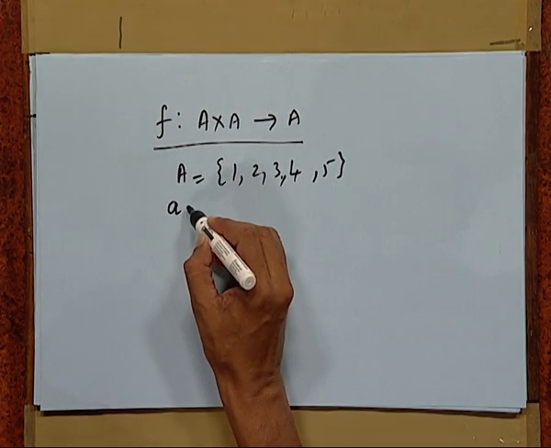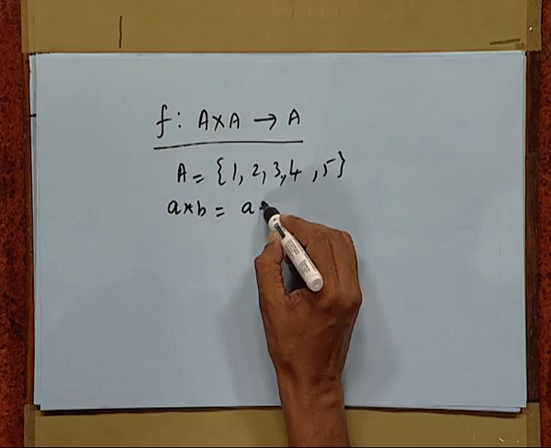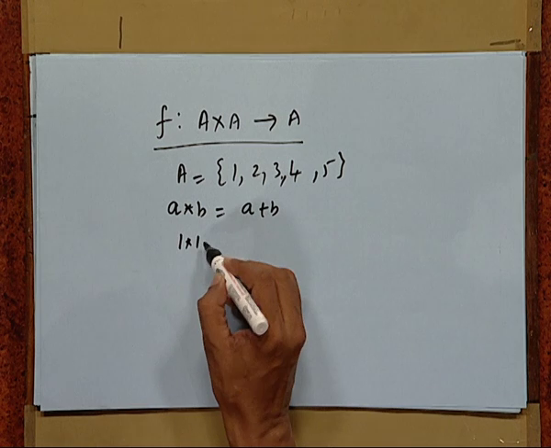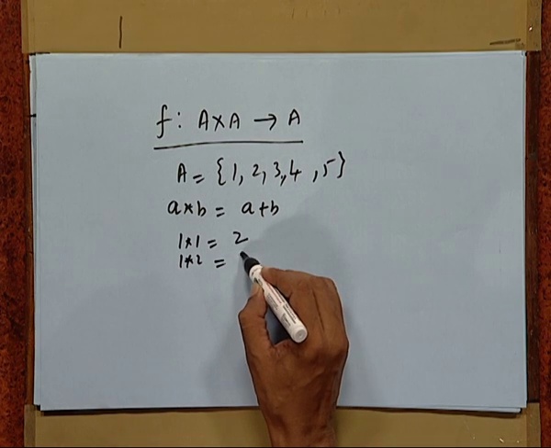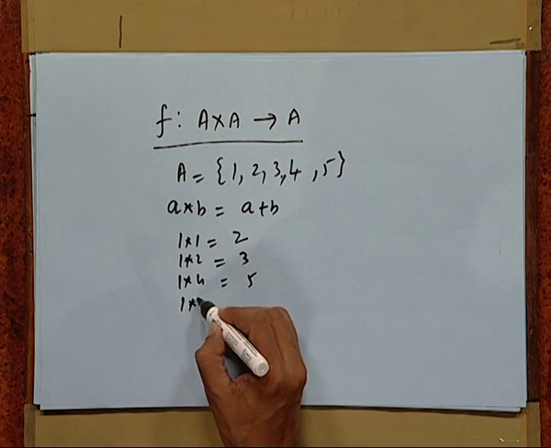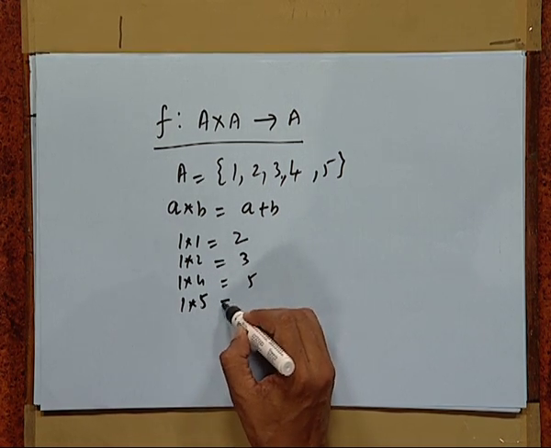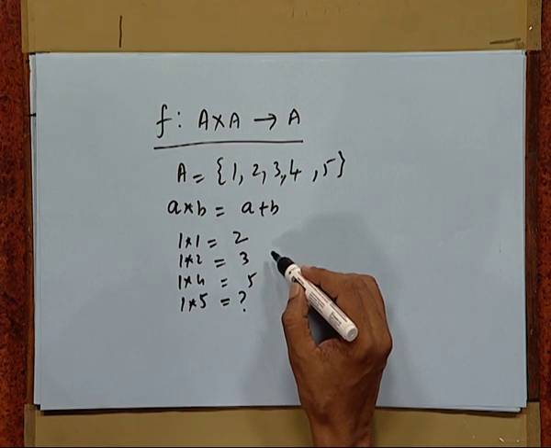We define operation star by A star B is A plus B. Then we have 1 star 1 is 2, 1 star 2 is 3, 1 star 4 is 5, but 1 star 5 we have no element in the set A. So, this is not an example of binary operation, because this rule does not make it a function.